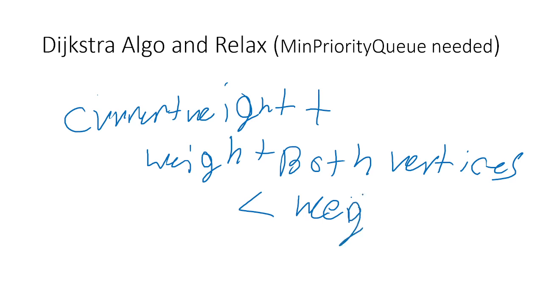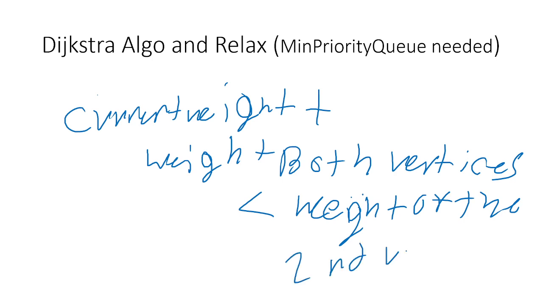You know, I should have written this one down. So the current weight you're working on plus the weight of both of these vertices combined is less than the second vertex that you input. Because you know how they're connected, you're adding them, blah blah blah.